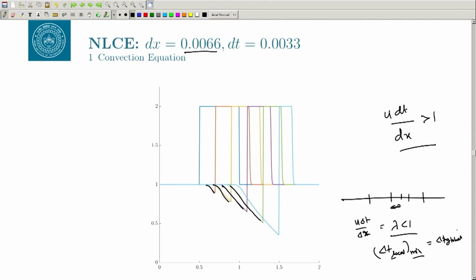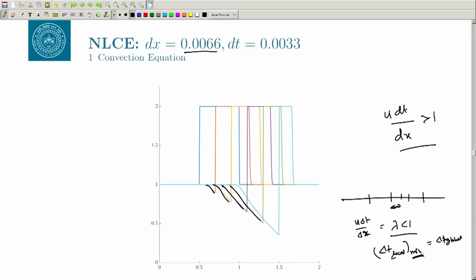Because even if one cell is not using the minimum value, maybe there are 1 or 2 cells where C delta t or U delta t is greater than delta x, that means it will jump over the cell and it will not give you the correct solution, or it will blow up.